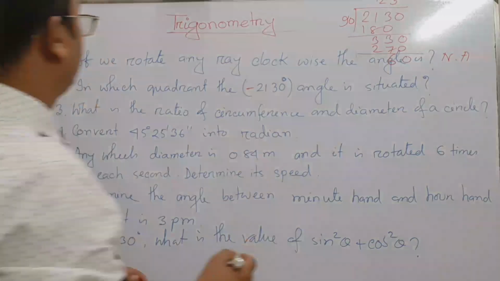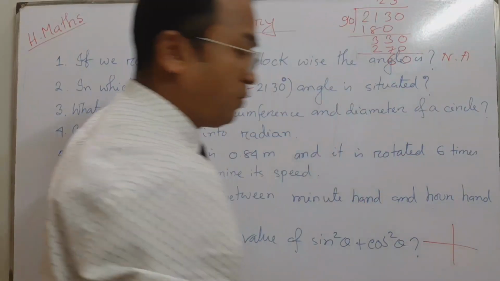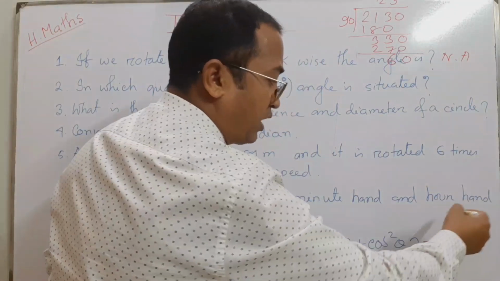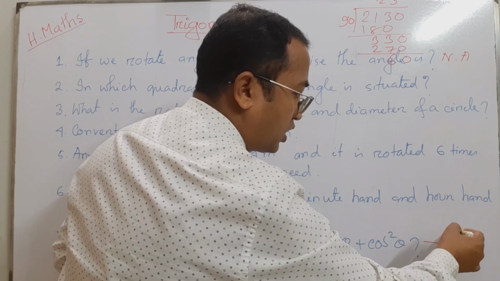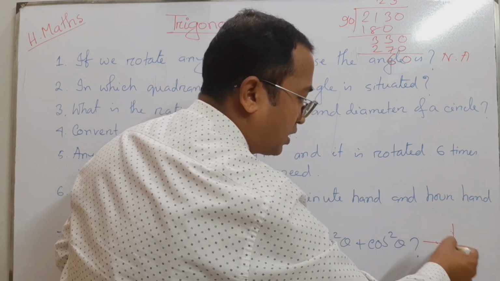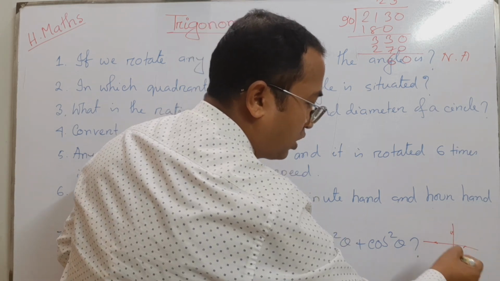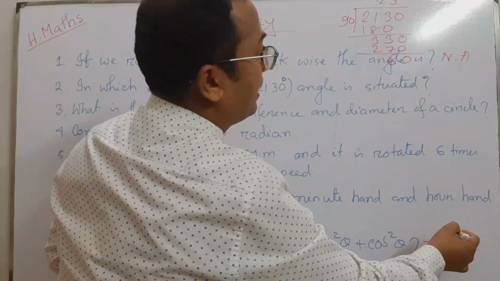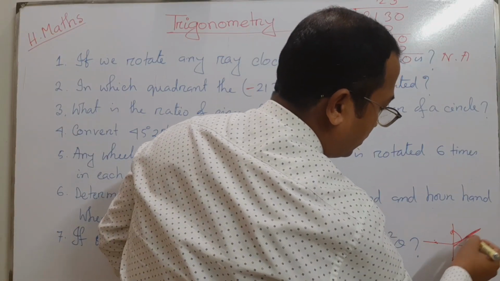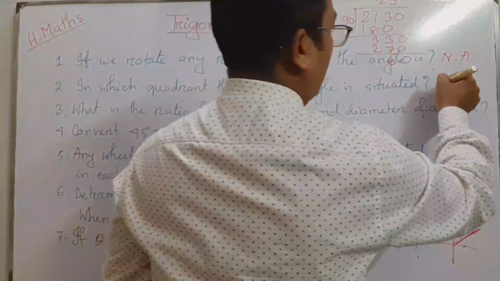So if you move like this, look at the board, it will be clockwise. So 1, 2, 3, 4, 5, 6, 7, 8, 9, 10, 11, 12, 13, 14, 15, 16, 17, 18, 19, 20, 21, 22, 23. After that it will go 60 degree. So this is in the first quadrant.